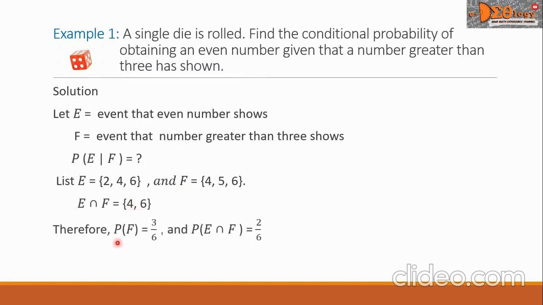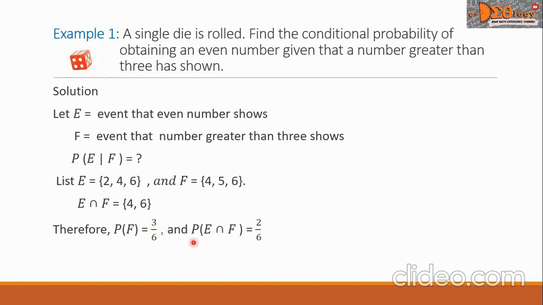Therefore, the probability of F equals 3/6. We write here 3 because there are 3 elements for F. And we write here 6 because there are 6 elements in our sample space of rolling a die.